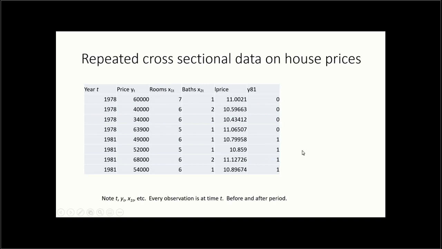We would use a variable like that a lot. So here again, we have every observation is at time t. We absolutely need to know if the observation belongs in the before period or the after period. So here again, our y would have a t dimension and our x's would have t dimension in them.